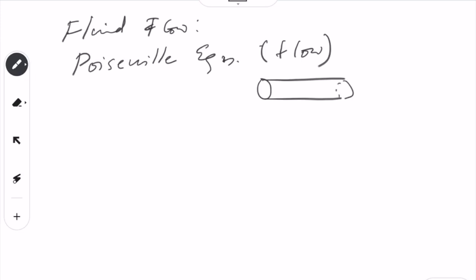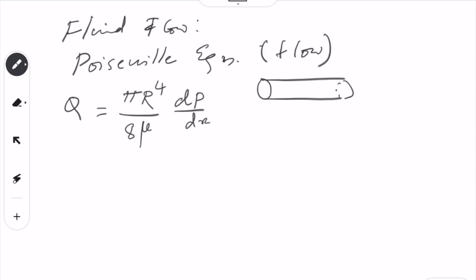Here also this is written as Q equal to pi r to the 4th, times dp over dx, divided by 8 mu.